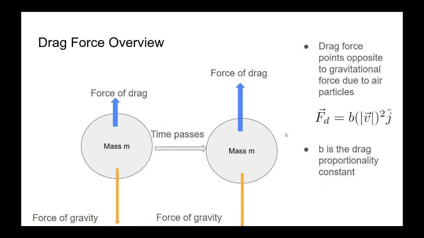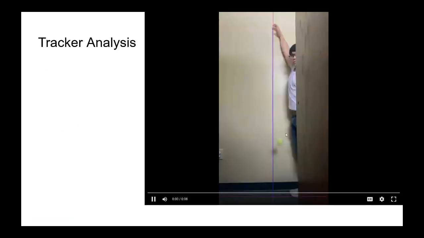So if the ball is falling, as time passes, the force of drag will increase and point upwards. And then if the ball is moving back upwards after it bounces, then the force of drag would be pointing downward along with the force of gravity. The drag force formula is shown to the right, just noting that B is the drag proportionality constant that I talked about before.